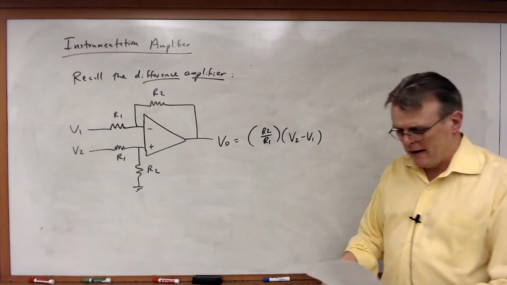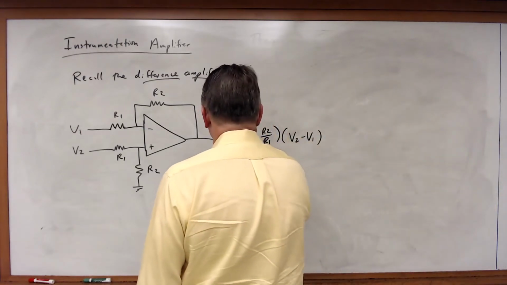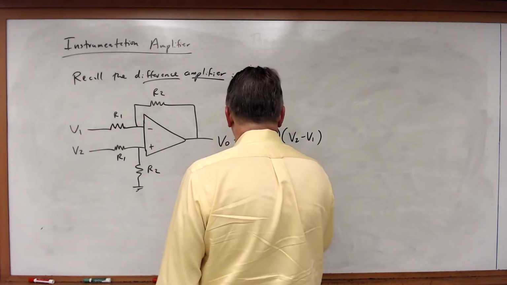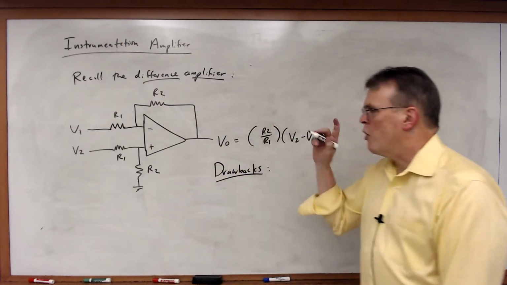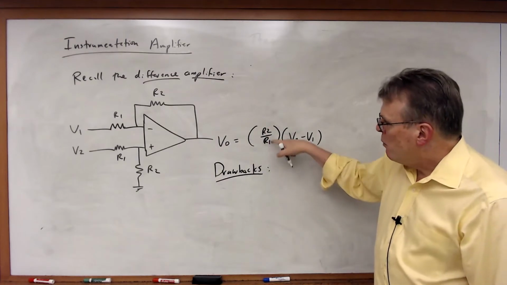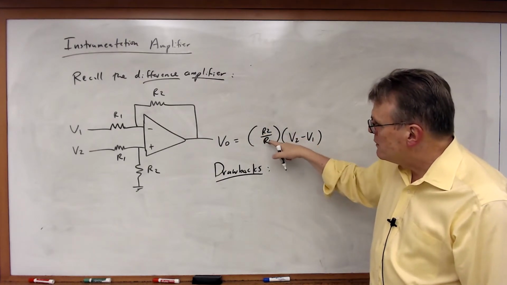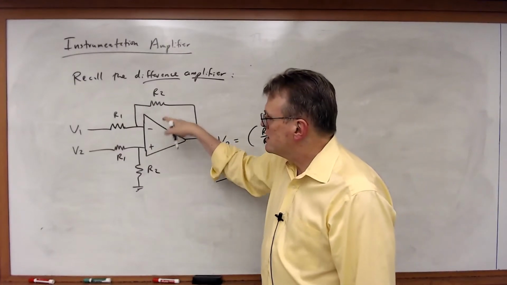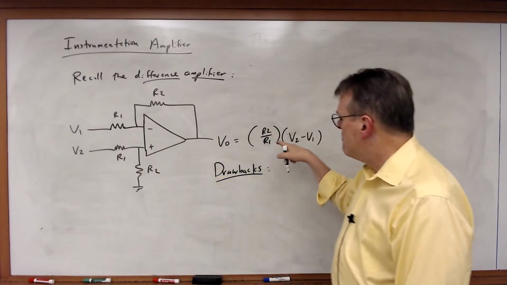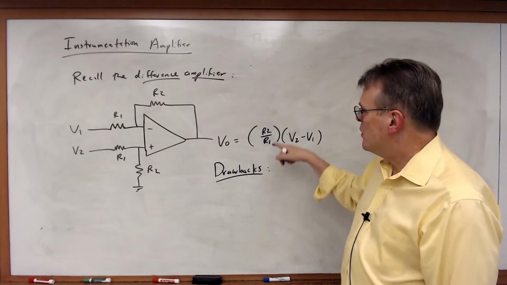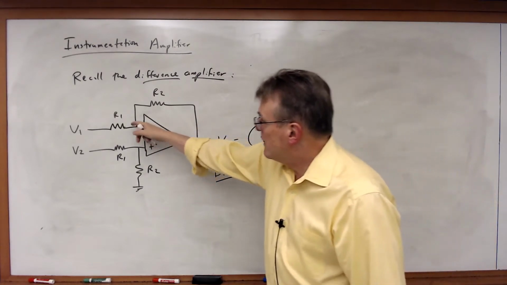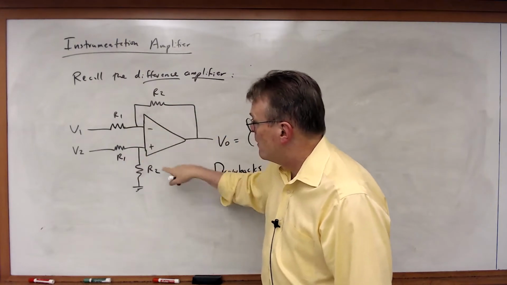It's got two drawbacks. First of all, drawback number one: if you want to change the gain value, you have to change two resistors at once in order to make this ratio work. So if you want to go from one value to another, you've either got to change both R1s or both R2s.